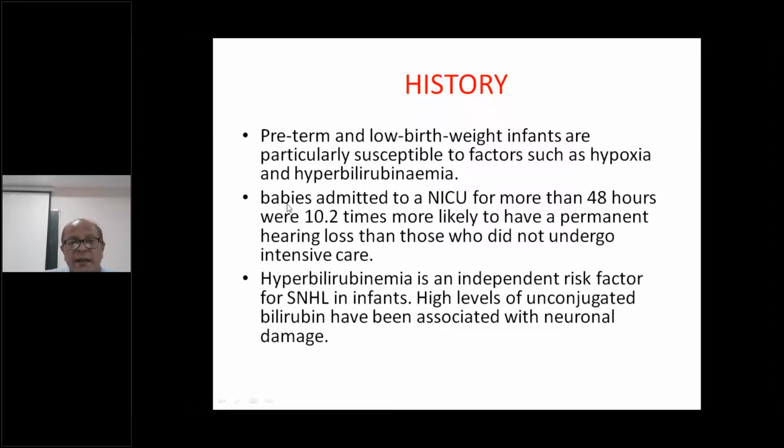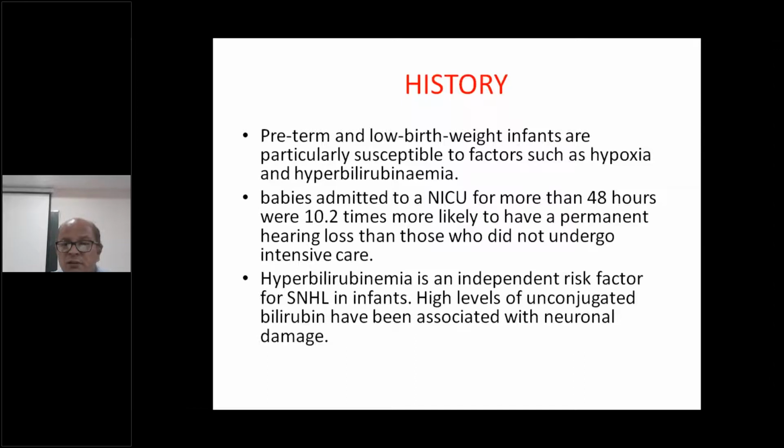Babies admitted to NICU for more than 48 hours were 10 times more likely to have permanent hearing loss than those who did not undergo ICU. Why? Because injectable antibiotics are particularly used, like amikacin, very commonly used in ICU.